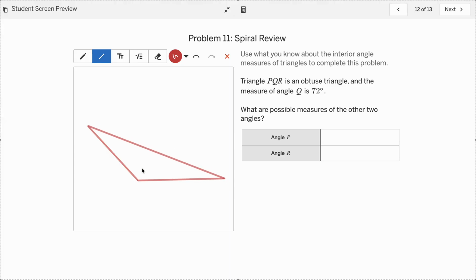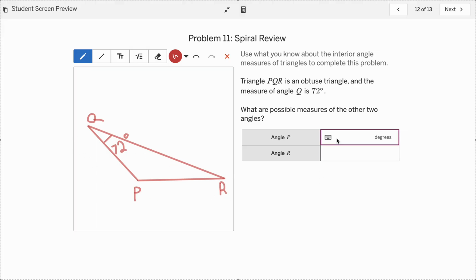So if this is more than 90 degrees, and let's say that this one right here is 72, this is Q, this is P, and this is R. P, Q, R is our triangle.